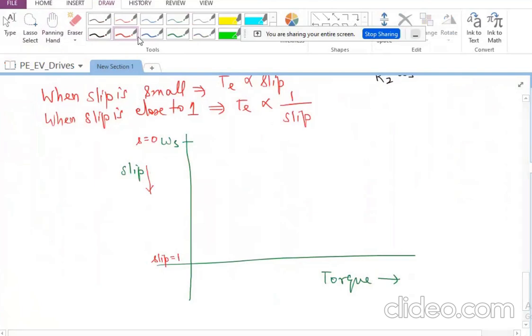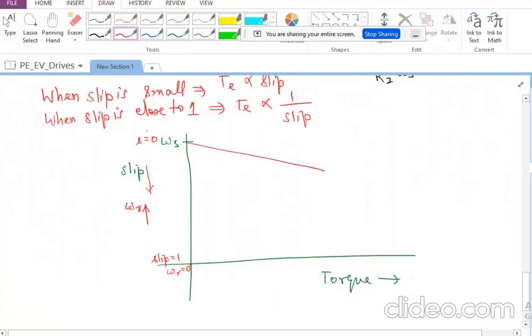And what we are plotting is on one side the slip, which is increasing in this direction. Omega r is equal to omega s there, and omega r is equal to 0 here, so omega r is increasing in this direction. When slip is small or close to 0, we are going to have a linear characteristic for torque.